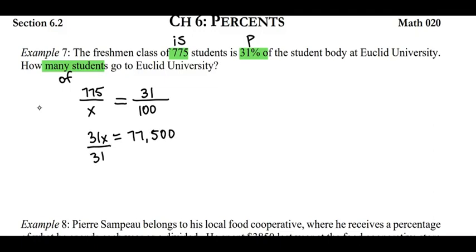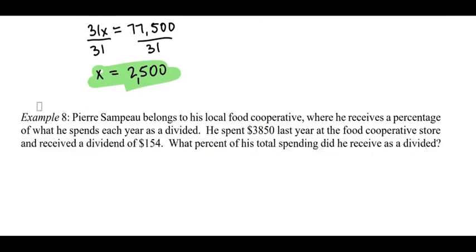And then we're going to divide by 31. So 77,500 divided by 31 is going to give us 2,500. Okay, so that is our solution here.